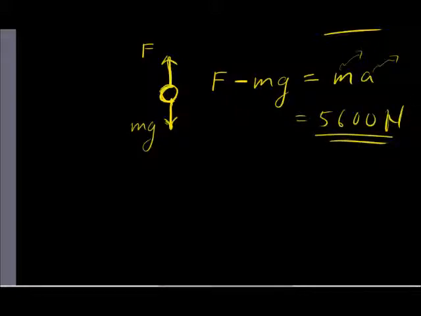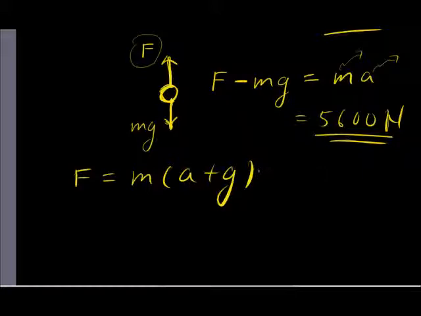Alright, so for part 3, we need to determine the upward force, which is this one here, on the helicopter as it rises. So what we need to do is just rearrange the equation such that F is equal to m multiplied by a plus g, and since we know that a is 0.4 and m is 14,000, we just substitute the values into the equation.